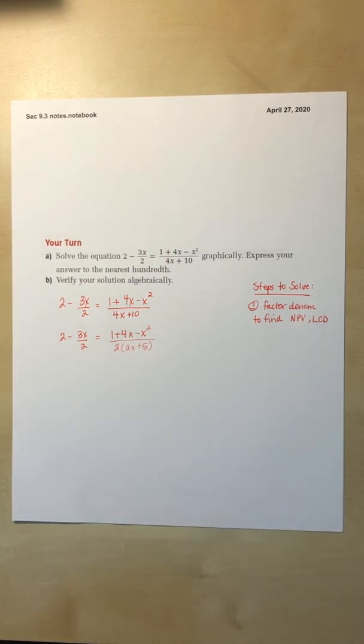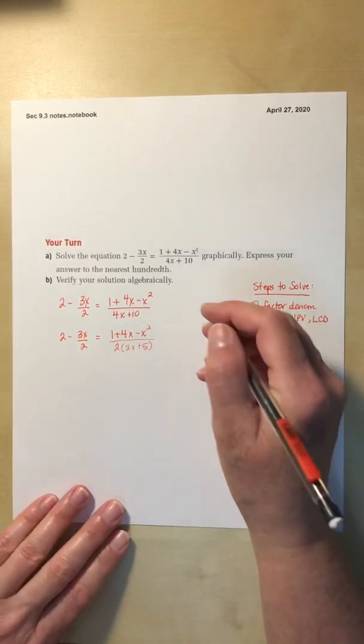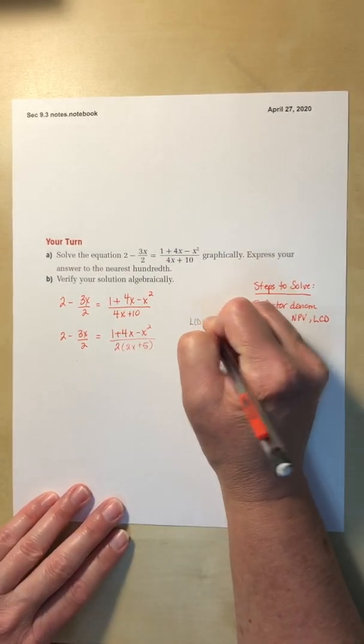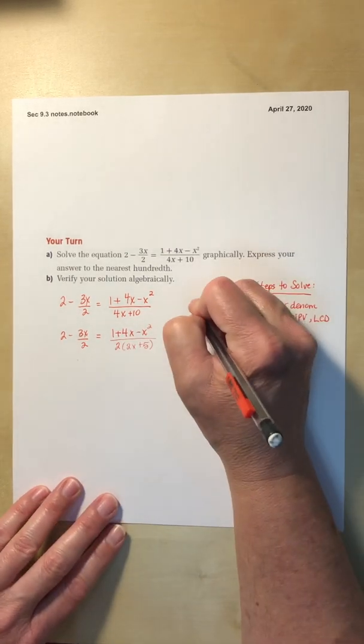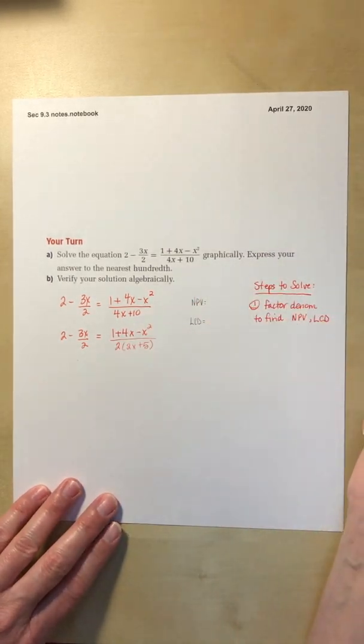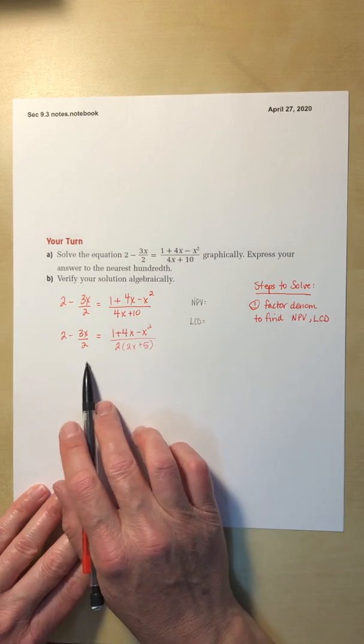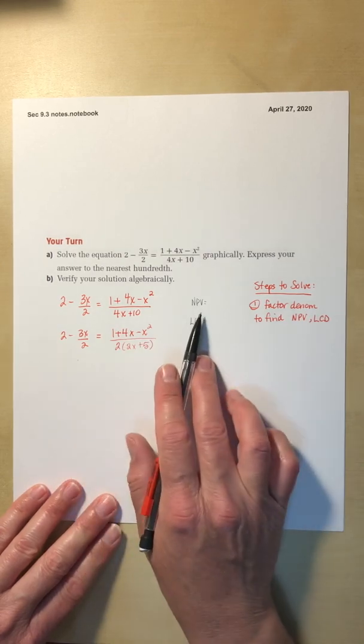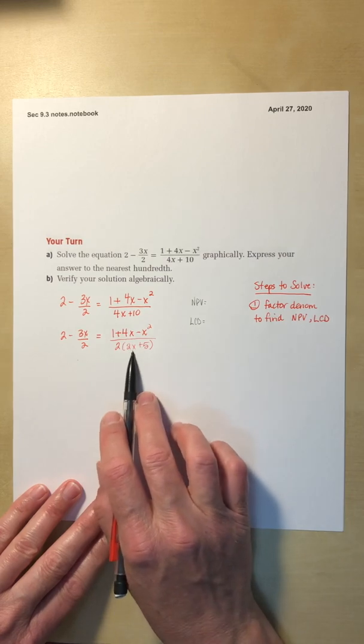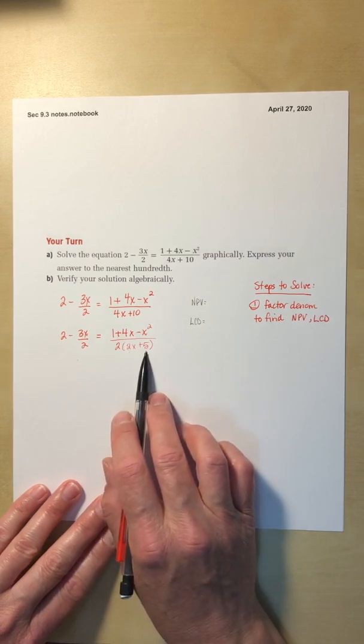So I found my lowest common denominator, well, I guess maybe I should start with my non-permissible values, because there's two things to take into consideration. Both of these are focusing on the denominator. When we talk about a non-permissible value, we're focusing on things that involve a variable.